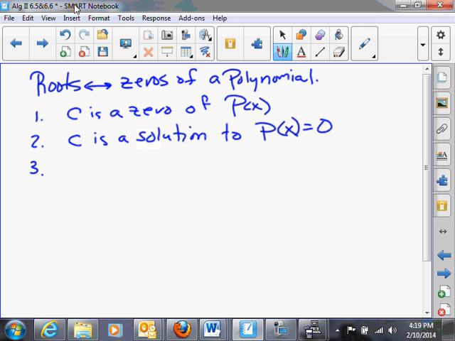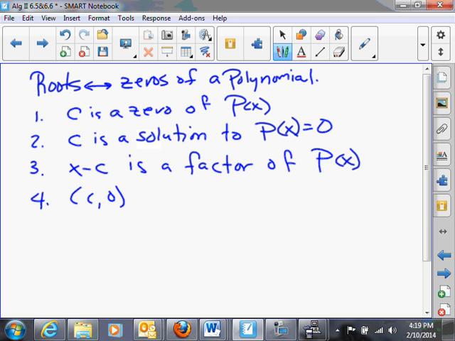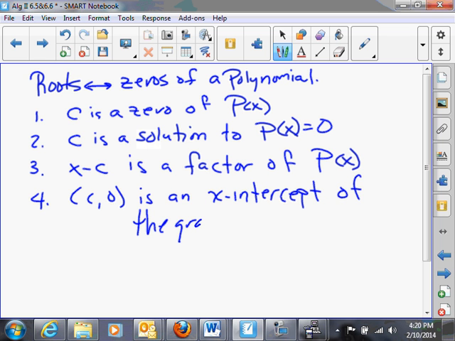Statement 3, X minus C is a factor of P of X. And then statement 4, C, 0 is an x-intercept of the graph of P of X.